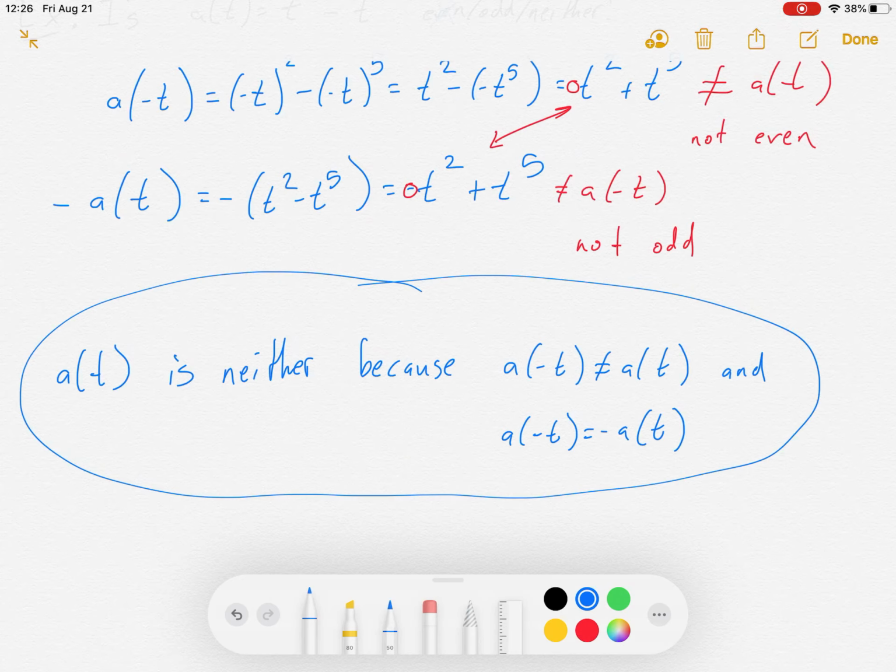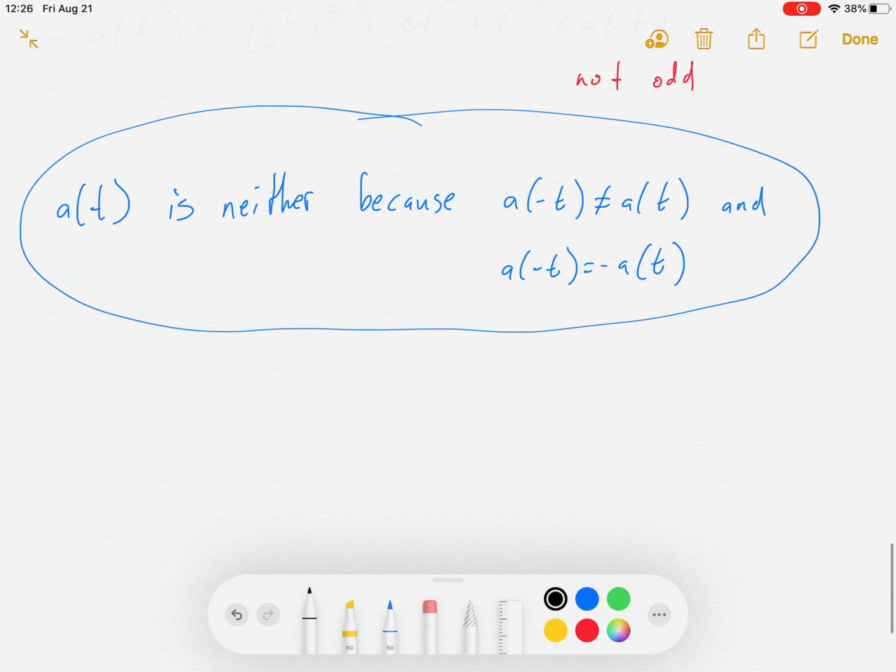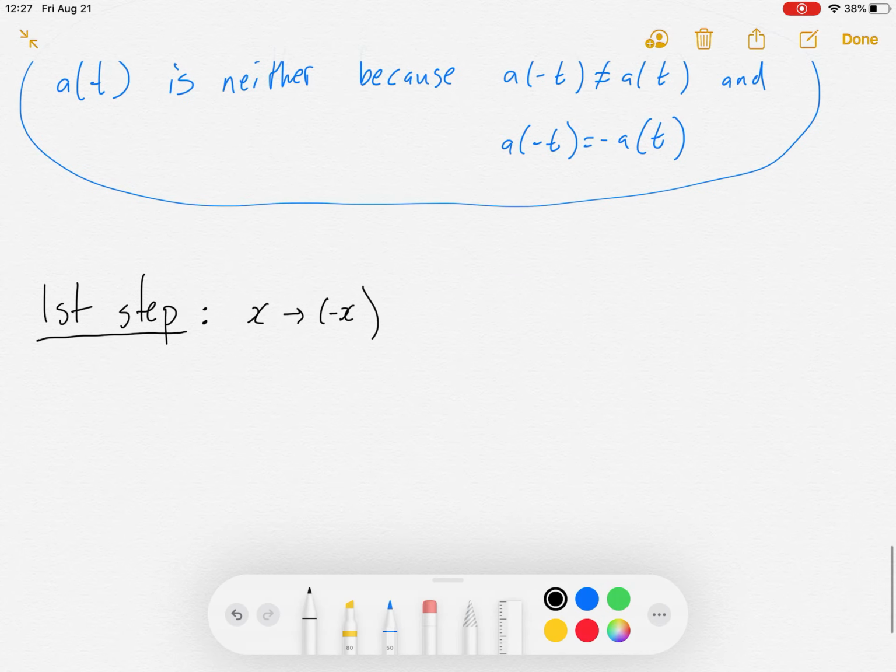So in summary, make sure when you're doing these problems that your first step is always replace the input with the negative of the input, meaning replace x or t in the last example with negative x. And then you're going to compare with, sorry, we're talking about f here, f of x.